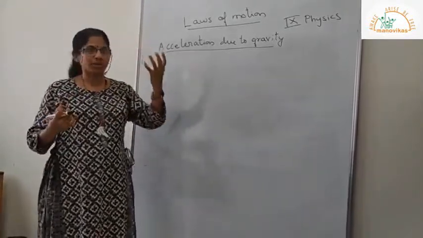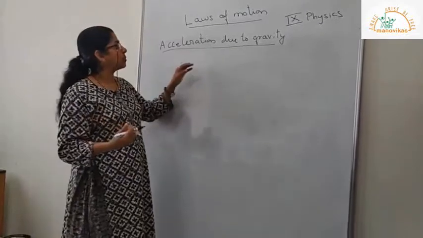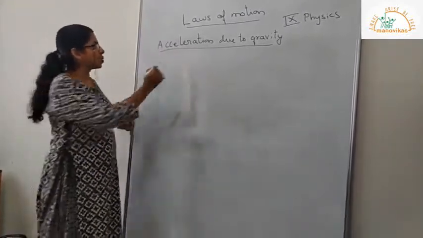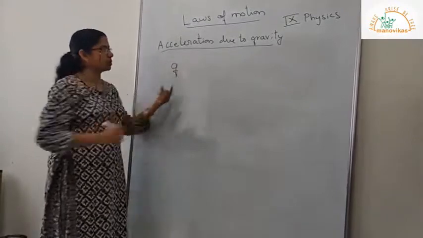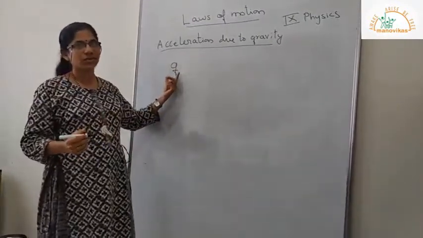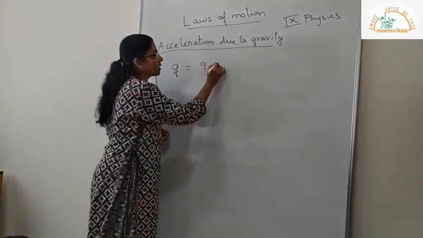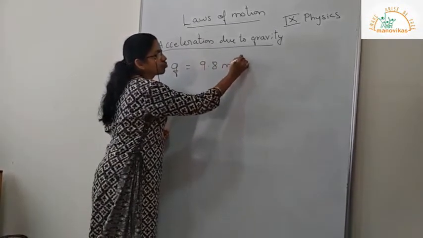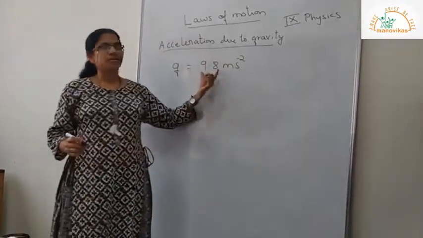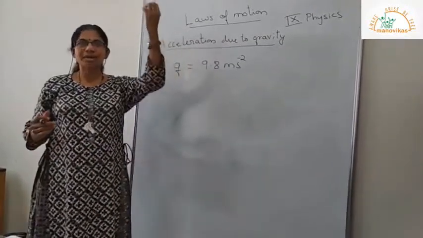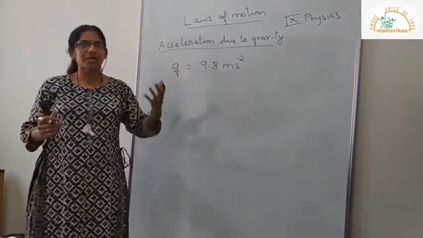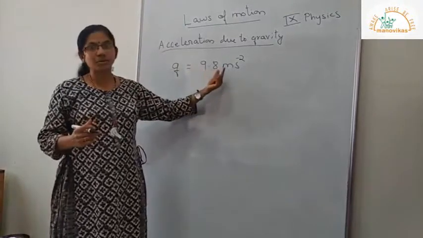It is denoted by the letter g, and its value is 9.8 meters per second squared. So any object is being accelerated towards the Earth at the rate of 9.8 meters per second squared.